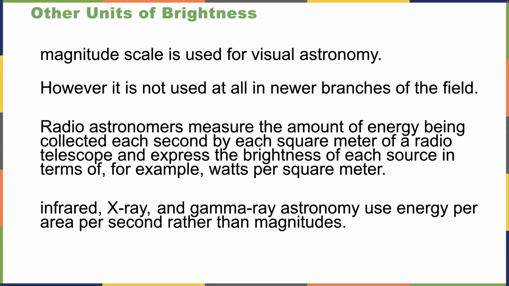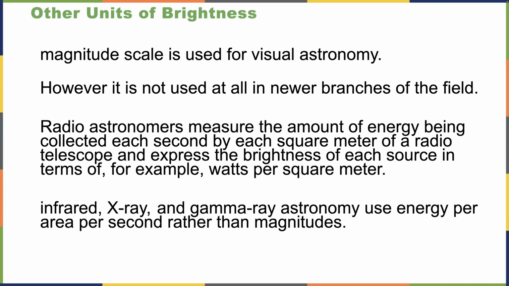And these different regions actually use different kinds of units for different purposes. For example, radio astronomers measure the amount of energy being collected each second by each square meter of a radio telescope, and express the brightness of each source in terms of, for example, watts per square meter. So that's how they explain the brightness.